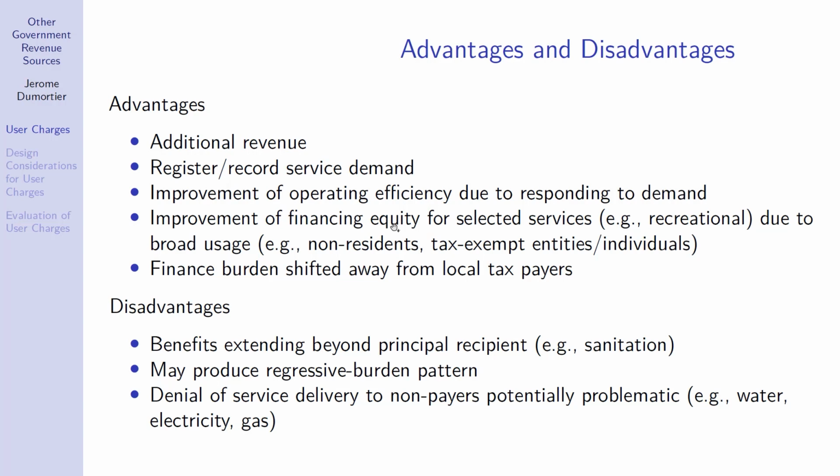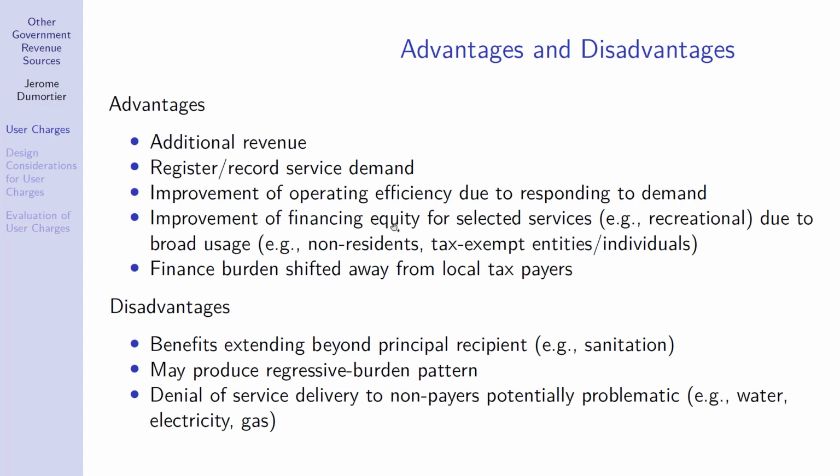Since this is closest to what you would see in private industry, there could also be an improvement of the operating efficiency, because the agency providing the good has to respond to demand. It can also improve the financing equity for selected services.